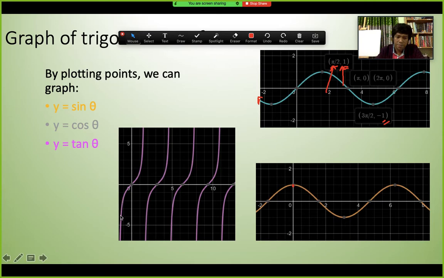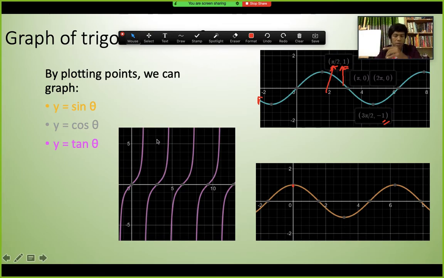You will notice that at some particular points, the tan value goes up forever, and then it comes down forever. Because at 90 degree, tan is not defined, that's why all of a sudden the graph starts going up. It does not cross 90 degree.